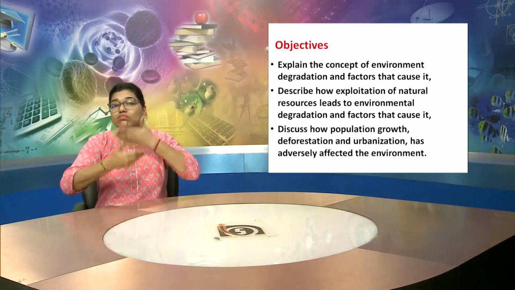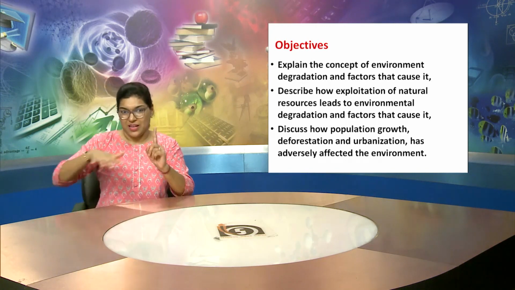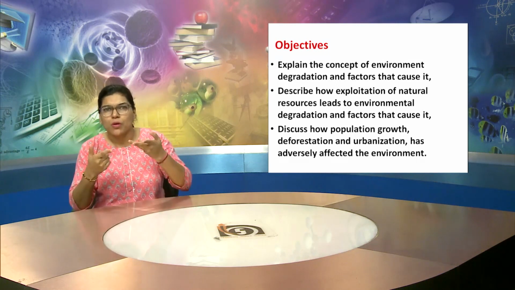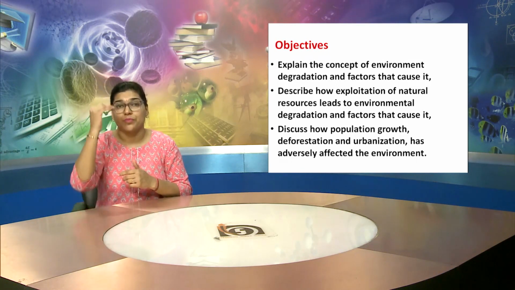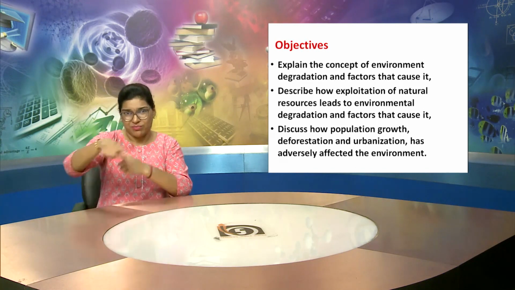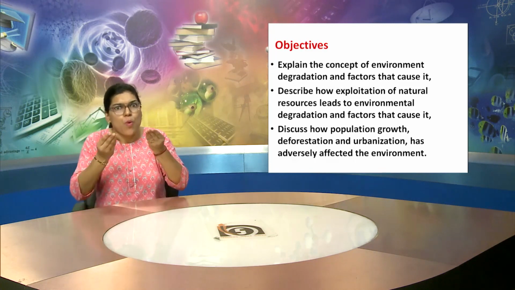Now, let us discuss the objectives of this lesson. The first objective is we will explain the concept of environment and degradation, and we will also understand the factors that cause environment degradation.